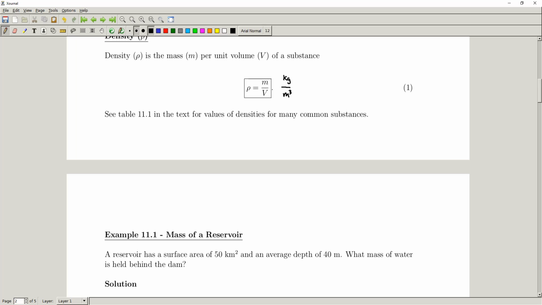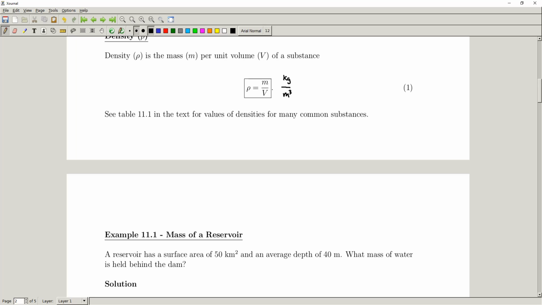It's basically just a table of different solids, liquids, and gases, and their densities, right? So if ever you need to look up a density, this is a very quick way to get a reasonable value for any of the densities you might need.